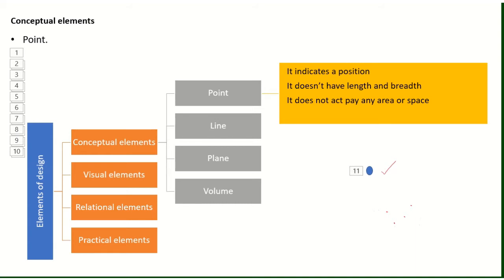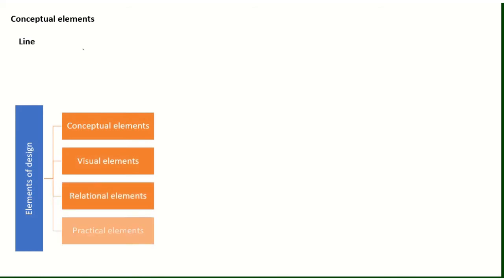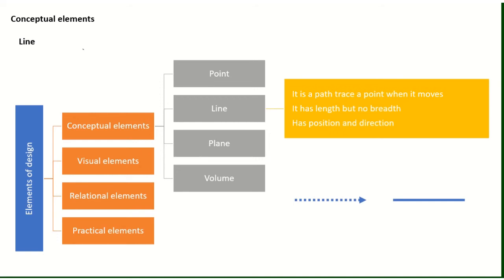The next element is a line. Let us have a look at how a line is defined. The second conceptual element is a line.